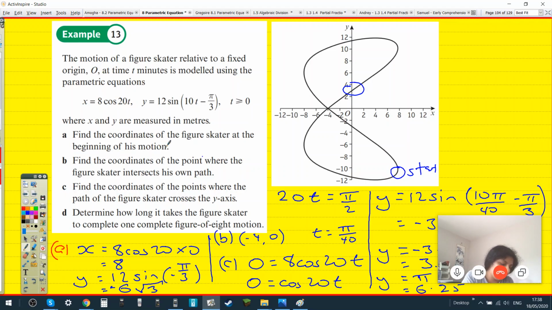I got pi over 30. I didn't do other answers yet.